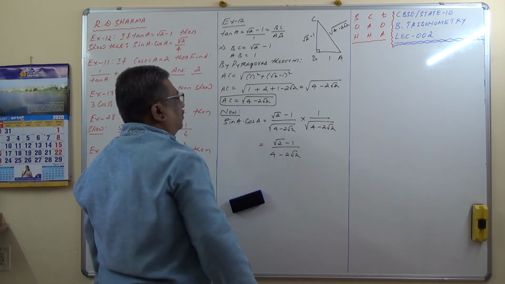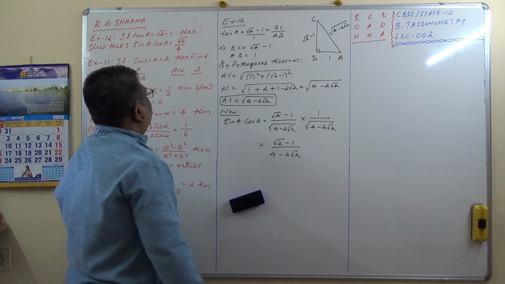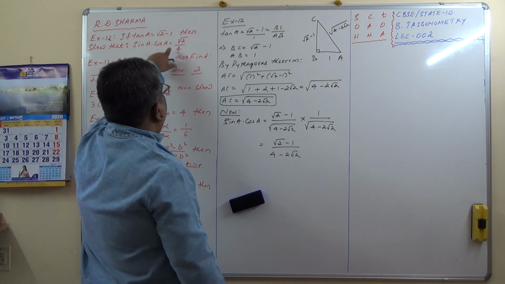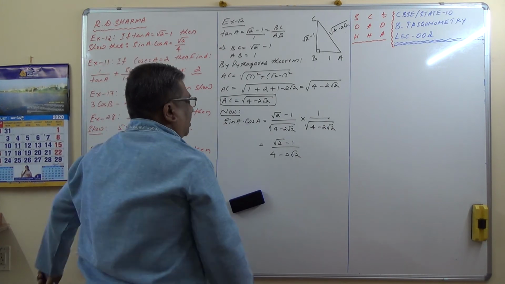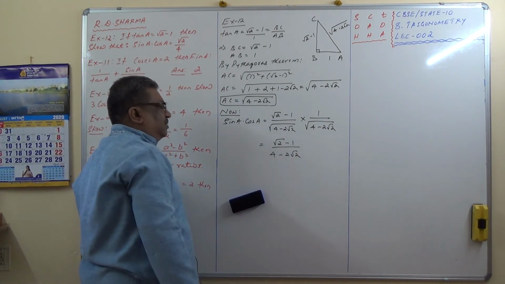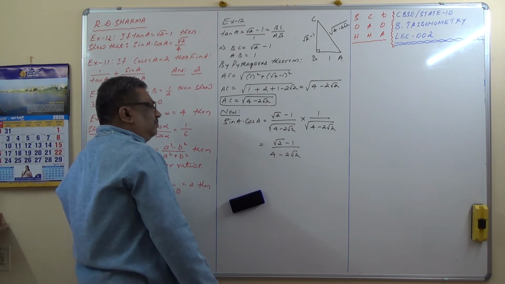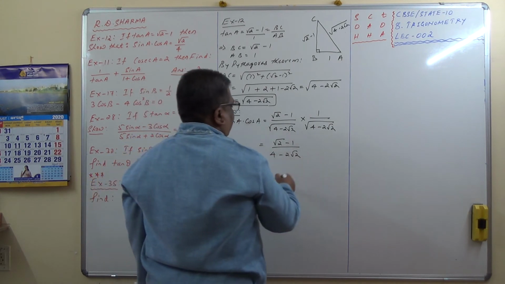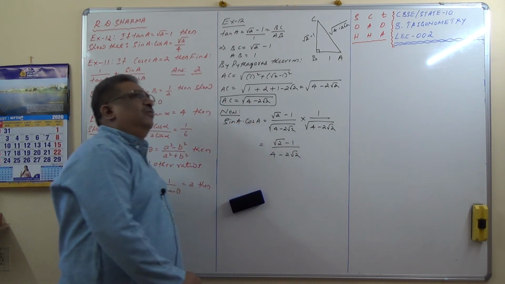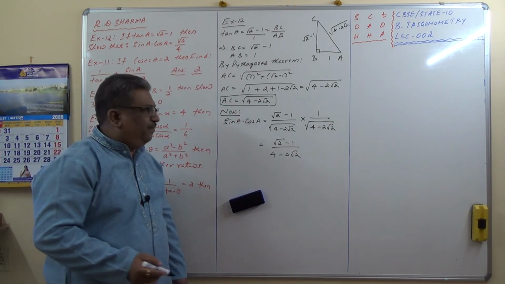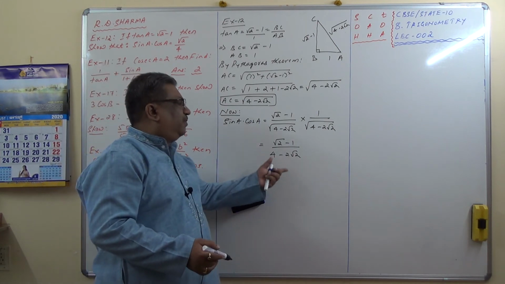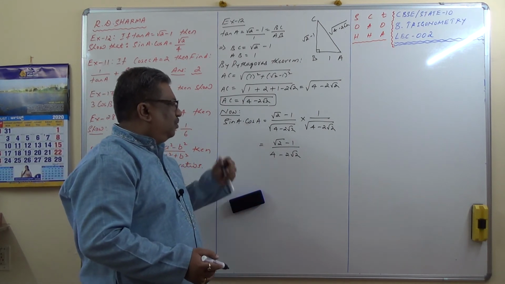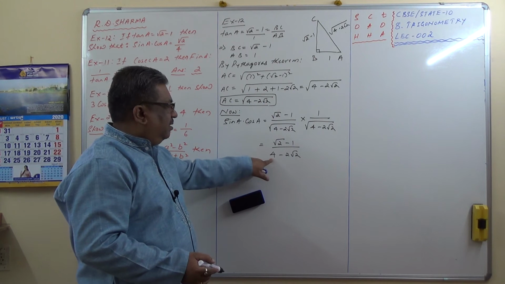Now what is the answer given? Any answer? No. We have to show that root 2 by 4. So how do you show that this is root 2 by 4? I don't know. Probably we'll try to rationalize the denominator, and in that process we may be able to do so.